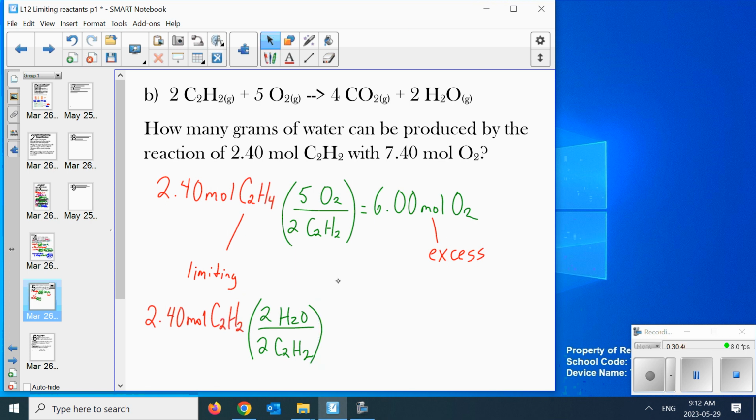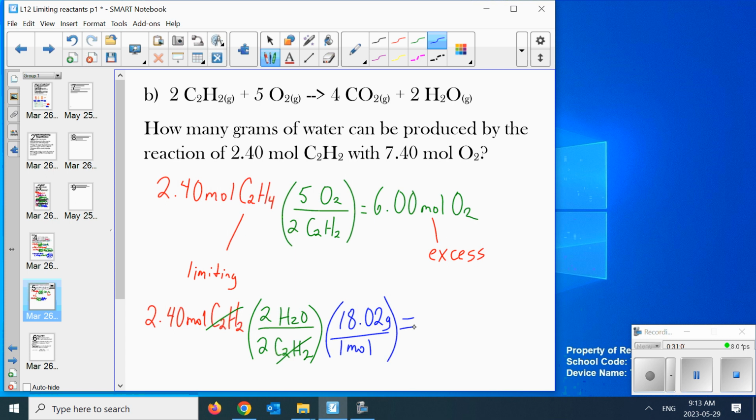Okay, if I stop calculating right now, I have moles of water. I think I solved it. Nope, I need grams. So 18.02, I've done water enough to know that. Now I'll have mass of water.